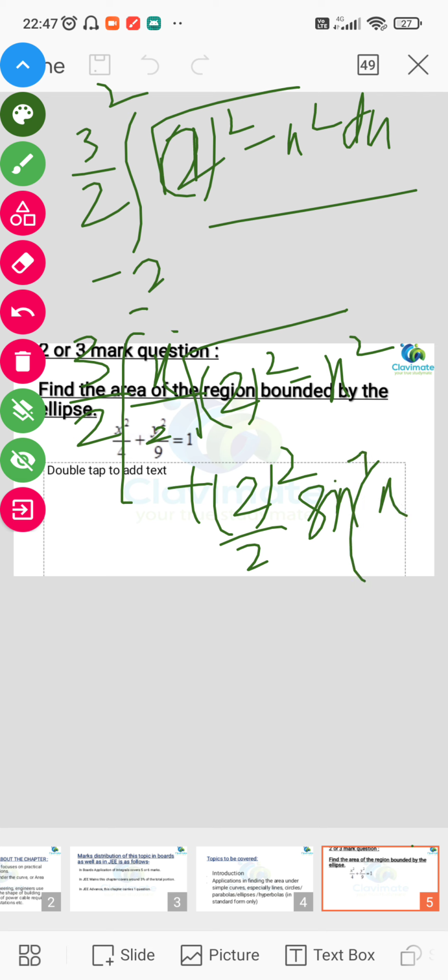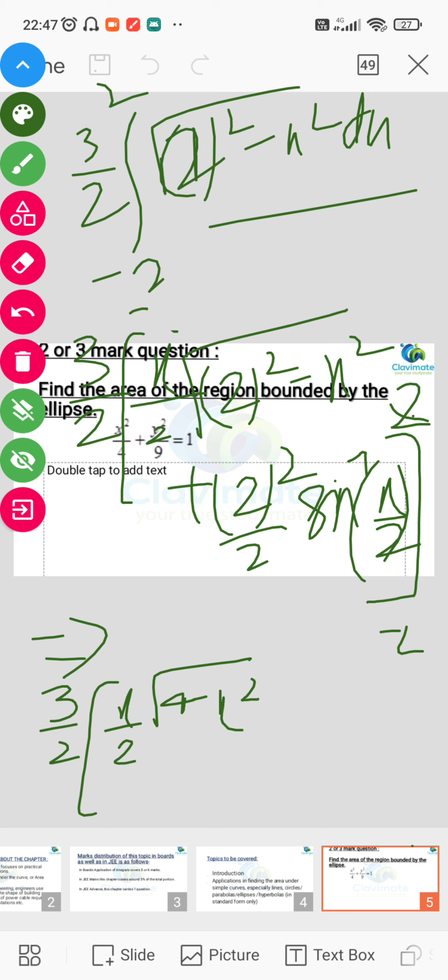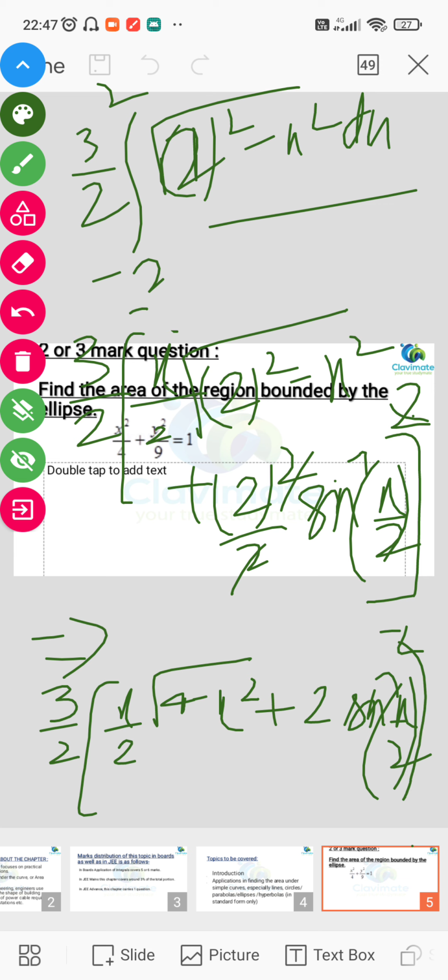So it is x by 2, right? And what is our limit? The limit is from minus 2 to 2. Let us solve this. It is 3 by 2 times x by 2 under root 4 minus x square plus 2 sine inverse x by 2, and the limit is from minus 2 to 2.